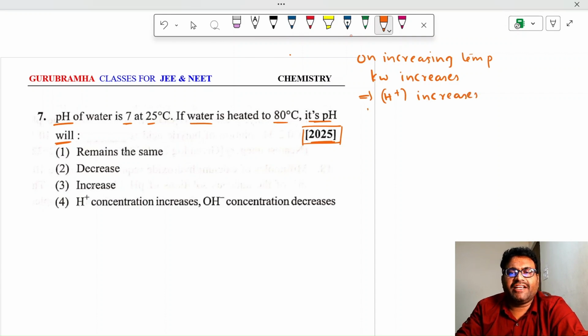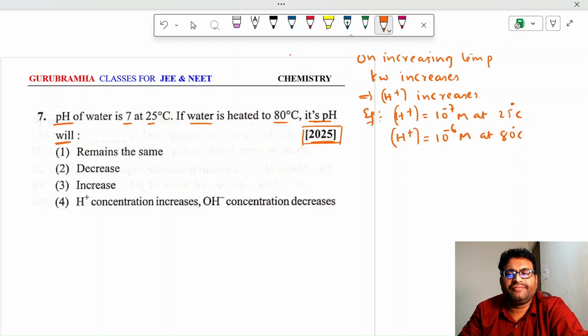Let us take an example. For example, we know that H plus ion concentration is 10 power minus 7 molar at 25 degrees centigrade. Let the H plus ion concentration be 10 power minus 6 molar at 80 degrees centigrade, for example. So then what is pH?